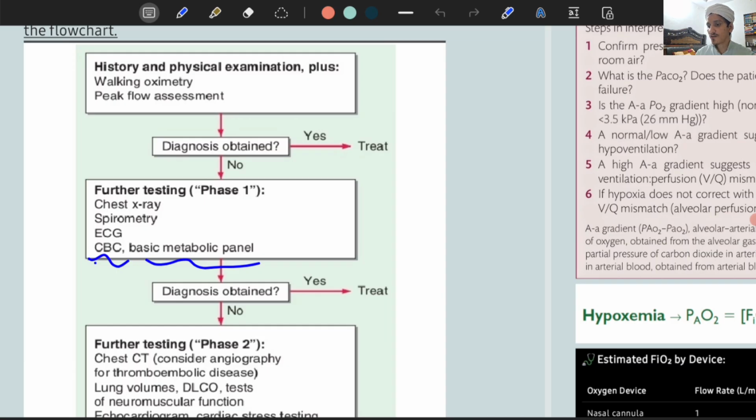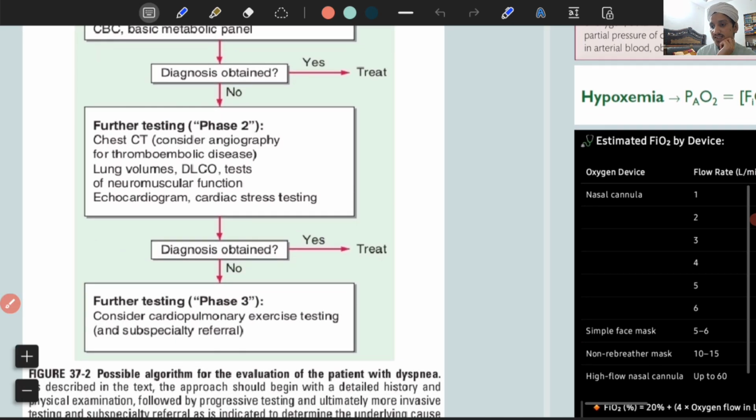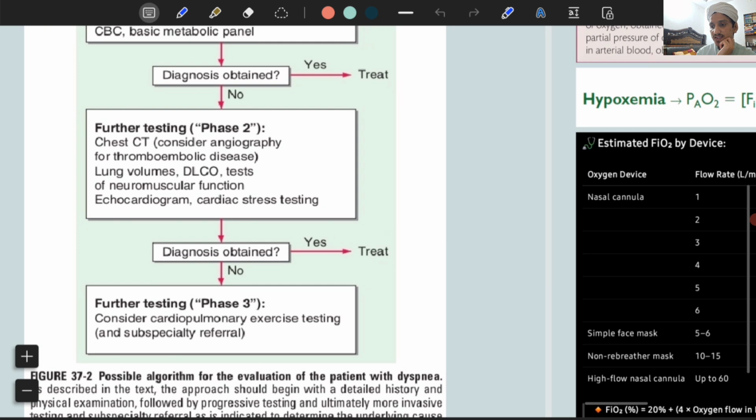Okay, now after this also, if you don't have any diagnosis, you will proceed to the second line investigations. Those are chest CT, HRCT thorax, and one more thing is pulmonary angiography, to rule out any pulmonary arterial hypertension due to chronic thromboembolism.